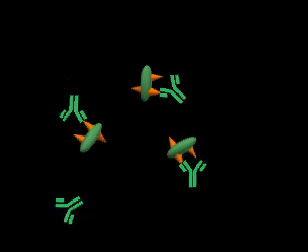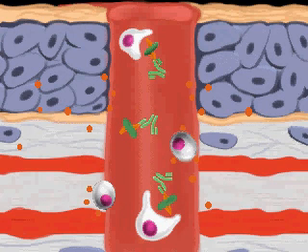Freely circulating antibodies bind with the antigen-covered invaders, marking them for destruction. More histamines are released, causing the inflammatory response to increase. This ultimately brings in more macrophages to engulf the invading bacteria.